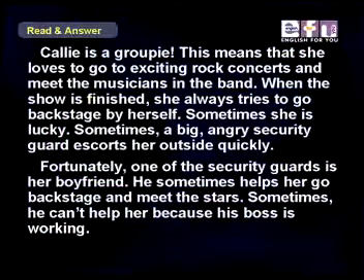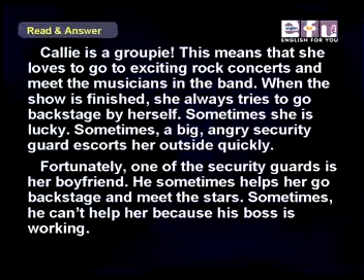Read and answer. Callie is a groupie. This means that she loves to go to exciting rock concerts and meet the musicians in the band. When the show is finished, she always tries to go backstage by herself. Sometimes she is lucky.